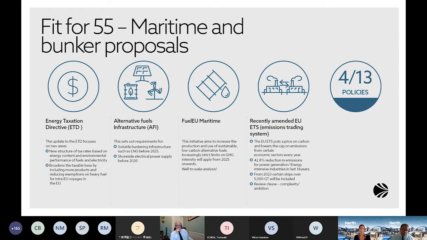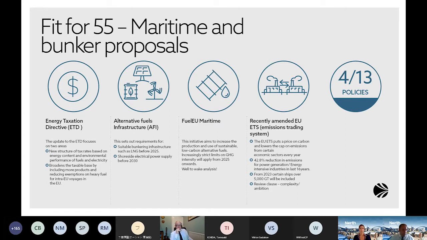The other is to broaden the taxable base by including more products and reducing exemptions on heavy fuel for intra-EU voyages in the EU. That's what the Energy Tax Directive looks at.